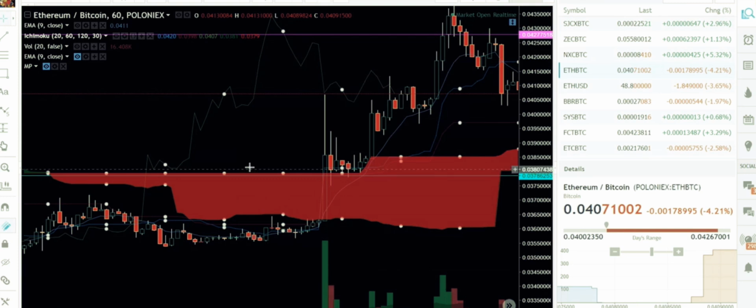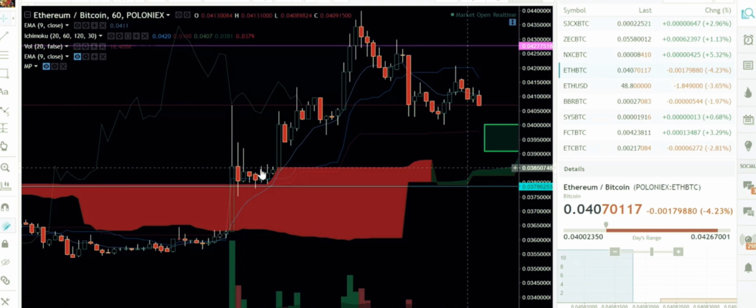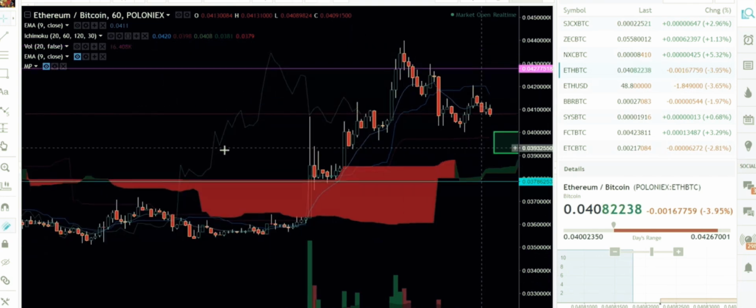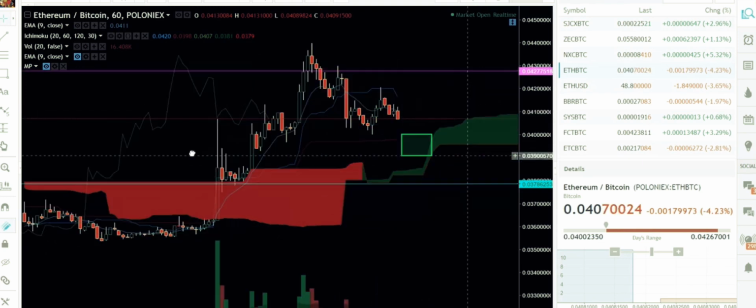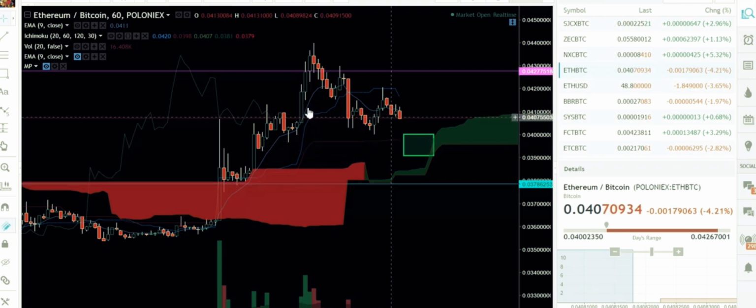Basically the Ichimoku cloud is an indicator, but it also has trading signals built into it. Meaning that if you study the Ichimoku cloud enough and you really want to, how these lines relate to each other and how they cross each other is going to give you a signal of a trade.